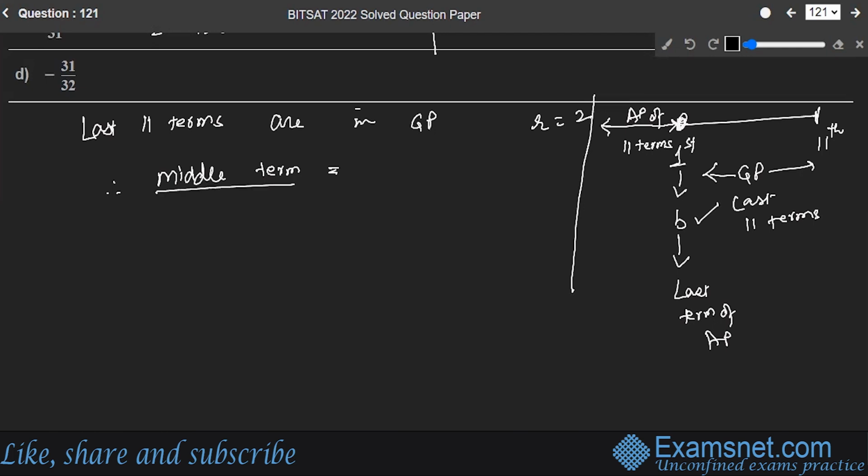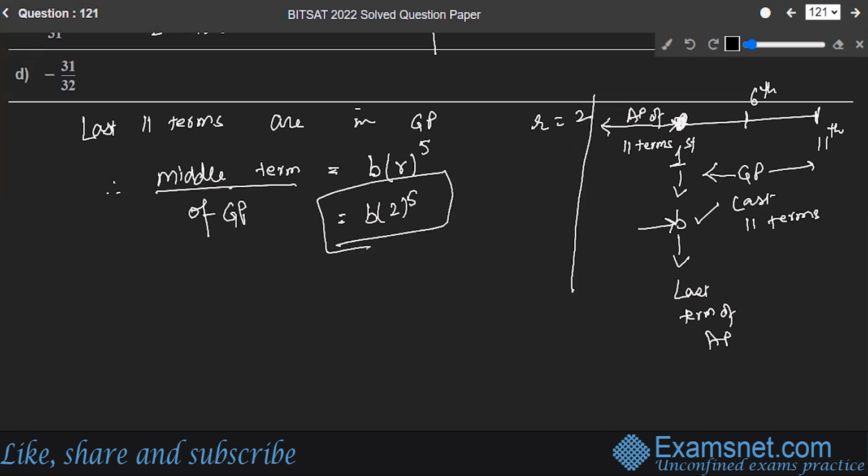Okay, first of all, let's talk about the middle term. The middle term is again the 6th term for this GP. So this will be given by the first term, which I have supposed to be B, multiplied by R power 5. R in this case is given to you as 2. I already told you that the first term of GP is the last term of AP.